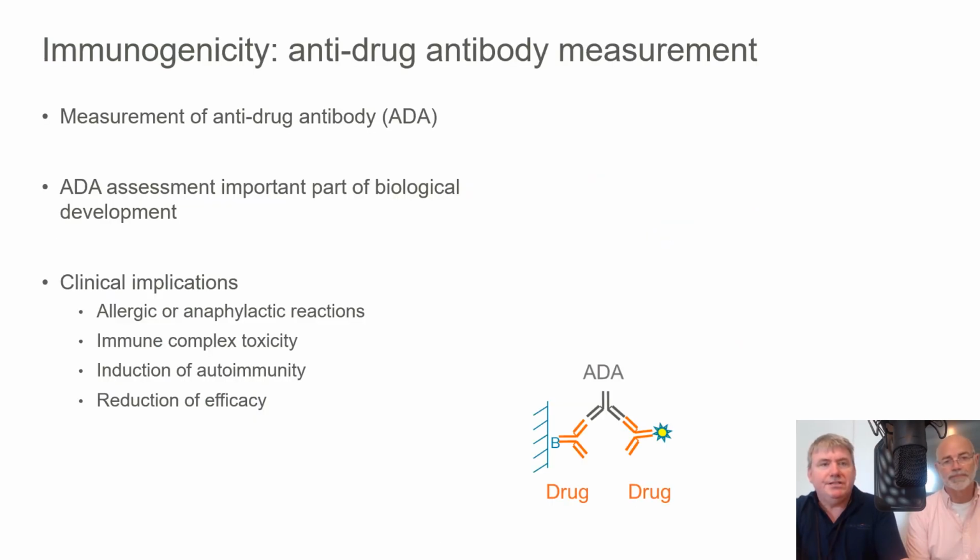So immunogenicity, or the measurement of anti-drug antibodies, is an important part of biological development, and it's used in both preclinical and clinical trials for large molecules. It's important because it can have clinical implications, things such as allergic reactions, immune complex toxicity, which potentially can block your kidneys and other organs.